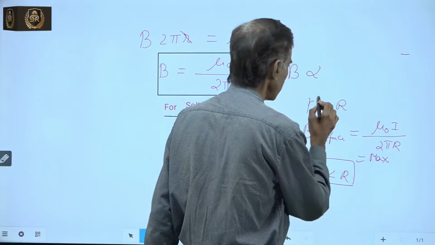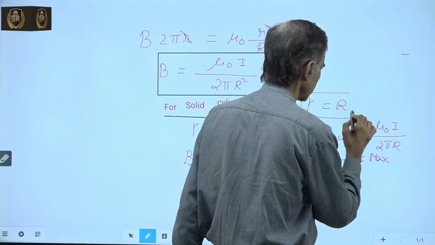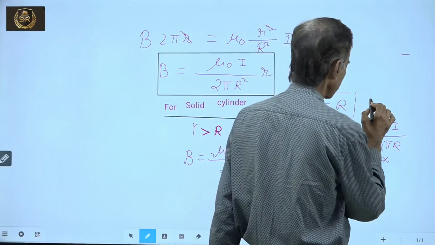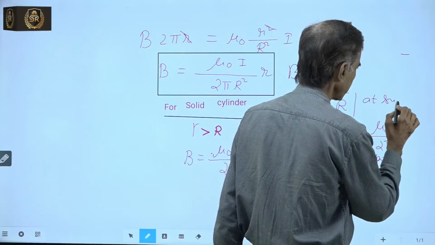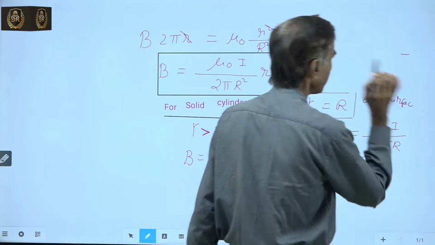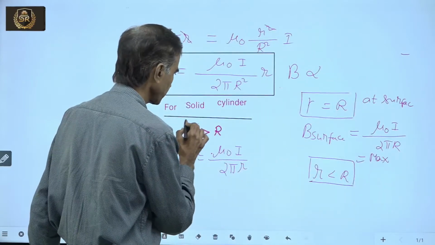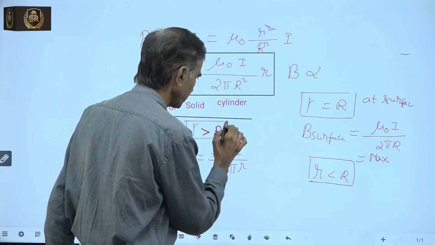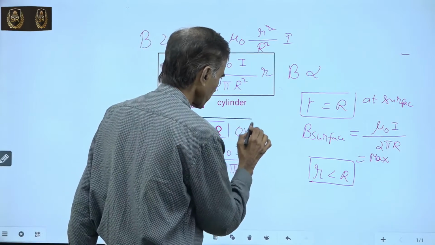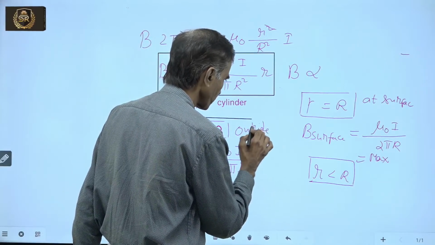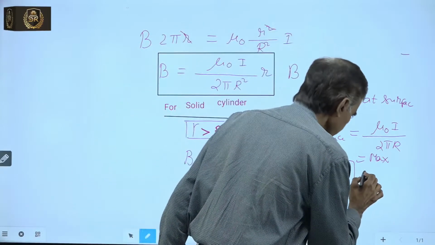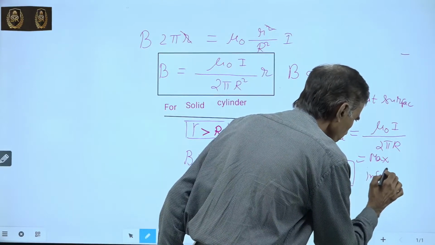At the surface of the conductor, this is outside, this is inside.